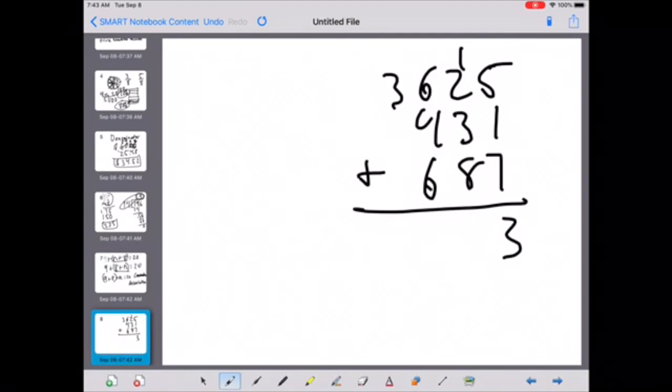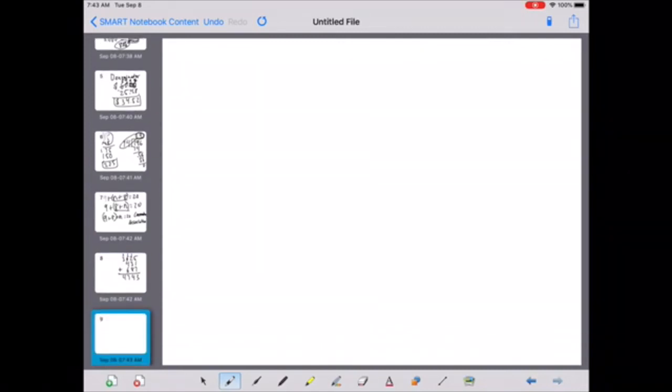Carry the 1. 1, 2 is 3. 3 plus 3 is 6. 6 plus 8 is 14. Carry the 1. 1 and 6 is 7. 7 and 4 is 11. 11 and 6 is 17. Carry the 1. 1 and 3 is 4. I have 4,743.